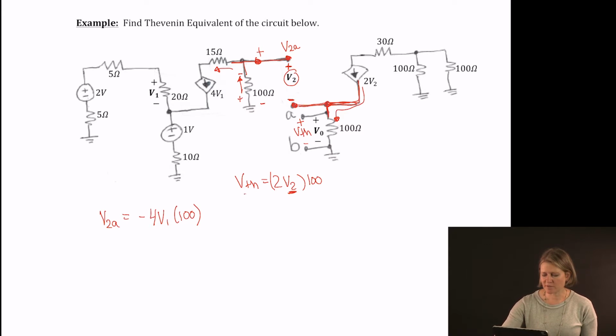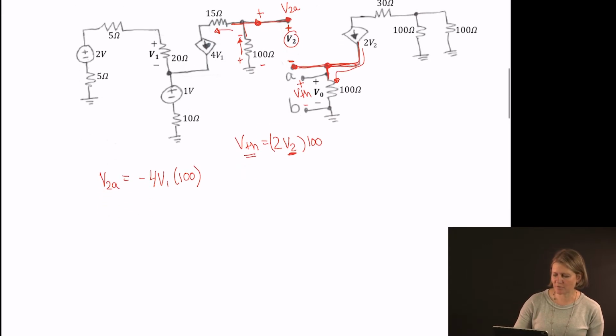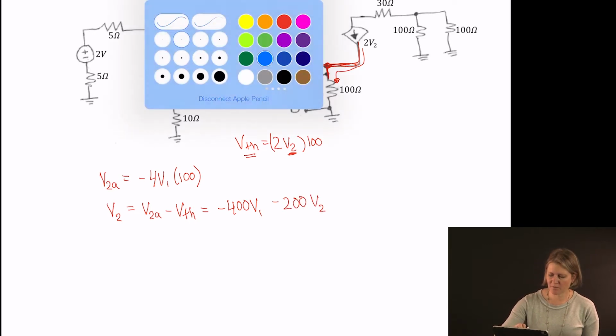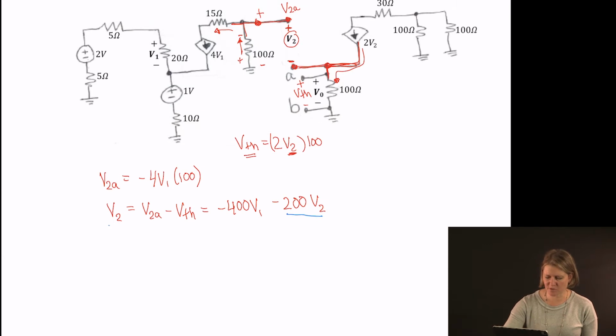At this one, that's the same as VTH. So my V2 is going to be V2A minus VTH. Plugging in those values, I get 400 V1 minus 200 V2. Now I have the same variable, V2, on both sides, so I need to combine them.